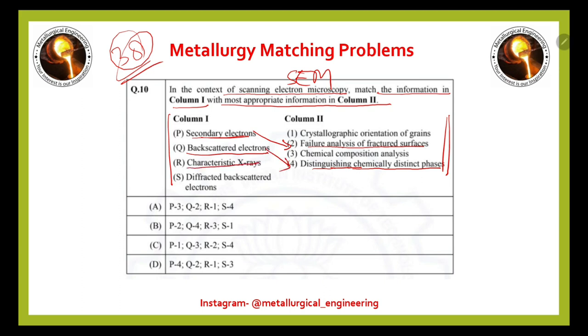Characteristic X-rays, that is for chemical composition analysis. Diffracted backscattered electrons for crystallographic orientation of grains. So the right answer is B part, P2, Q4, R3 and S1.